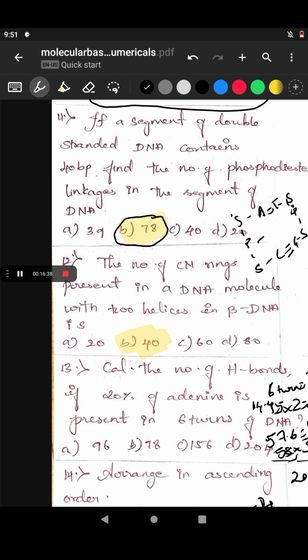So you can find between the 2 base pairs, there are going to be 2 phosphodiester bonds. Okay, so it is going to be in a pair.